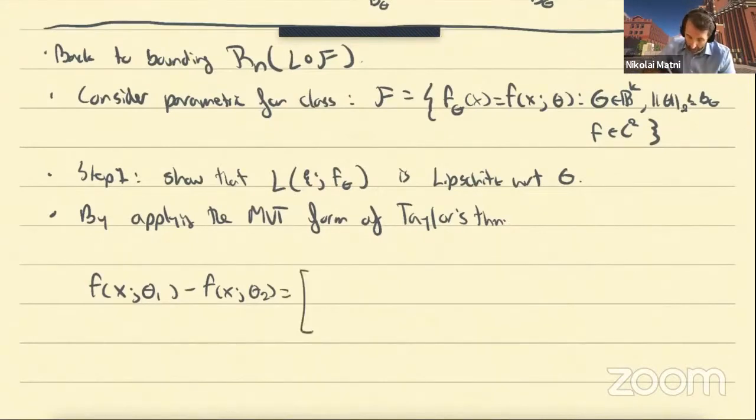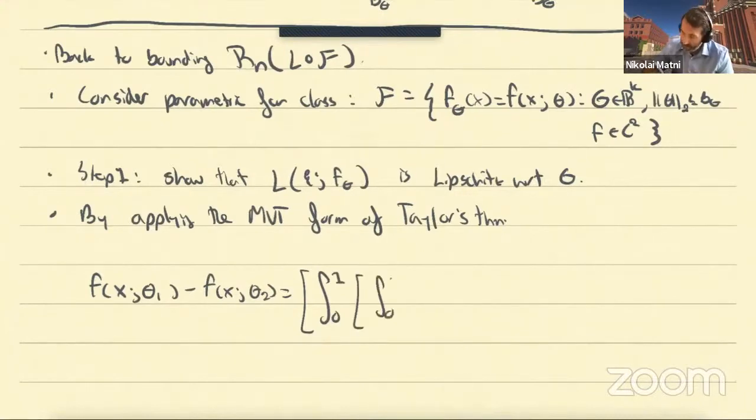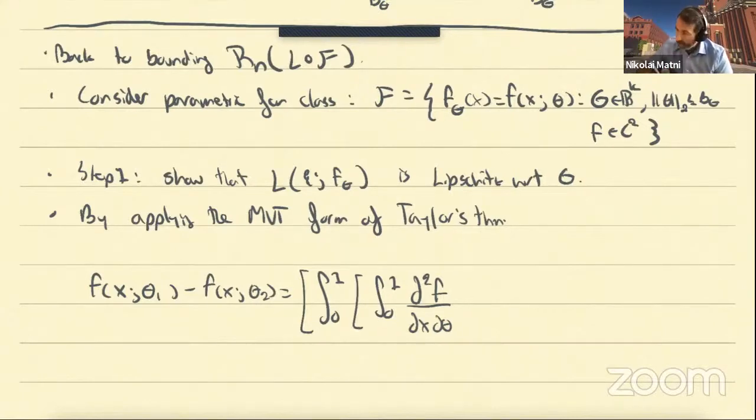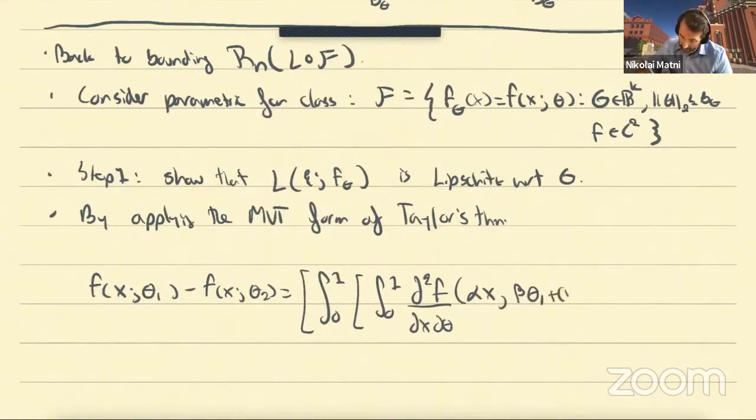So we're going to write it for the integral from 0 to 1, and again, inside, the integral from 0 to 1 of the partial derivative of f with respect to x and theta. So this is now a 2 tensor. This maps theta to a matrix that's n by n. And this will give you alpha x, beta theta 1 plus 1 minus beta theta 2. This is being applied to theta 1 minus theta 2 d beta.